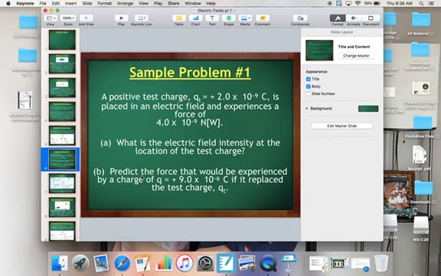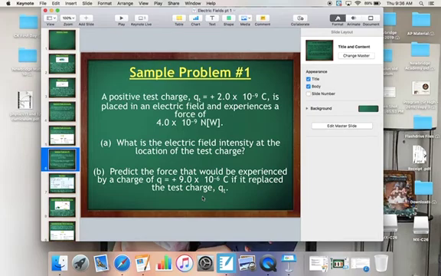Let's look at part B then. Part B is: predict the force that would be experienced by a charge of Q equals plus 9.0 times 10 to the minus 6 coulombs if it replaced the test charge Q_T. So if we have a different test charge coming into this field, what force would it experience? We're assuming it's coming into the same field, so the field intensity isn't changing here.